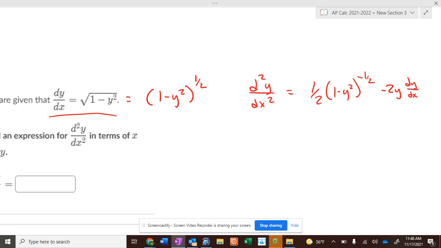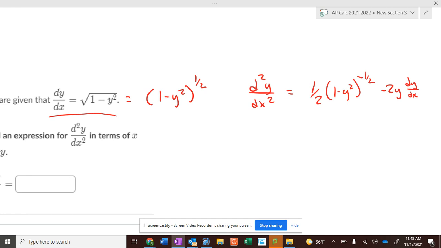Because this is the chain rule. You rewrite this exact same way, lower the power, and then take the first derivative of the inside and write it behind it.